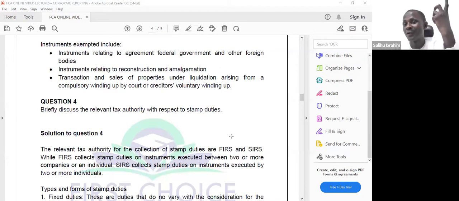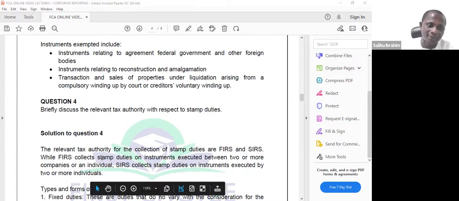It's payable to Federal Inland Revenue Service, because one of the parties to the execution of the instrument is a corporate entity. So that stamp duty is payable to Federal Inland Revenue Service.